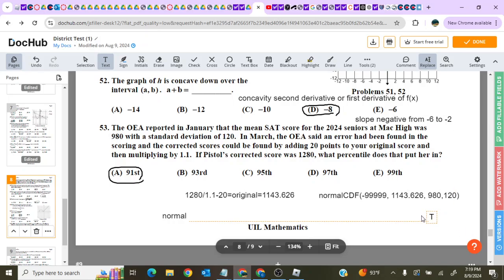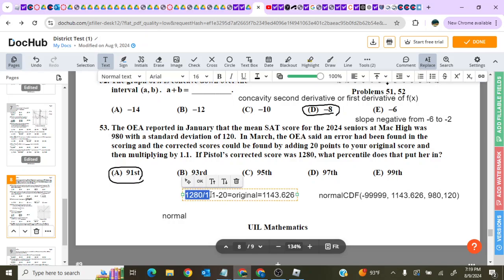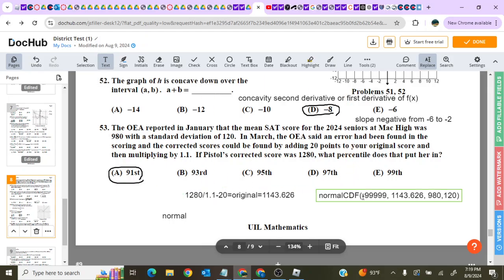Well, let's figure out Pistol's original score and then do things that way because that's easier. So at the end, it was multiplied by 1.1, so counteract that by dividing by 1.1 now. And then she had 20 points added, so subtract 20, and you get that she had an original score of 1143.6, and the decimals probably aren't going to change the answer. Then you can use normal CDF.